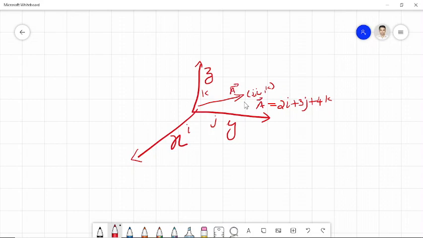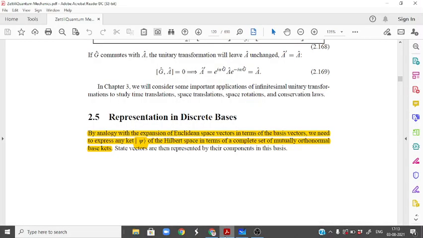Similarly, now we are going to express a state vector, a ket vector, in a Hilbert space. In Hilbert space, here we use state basis vectors. These i, j, k are known as basis vectors.